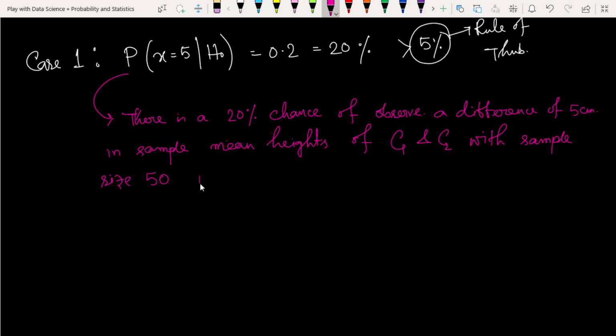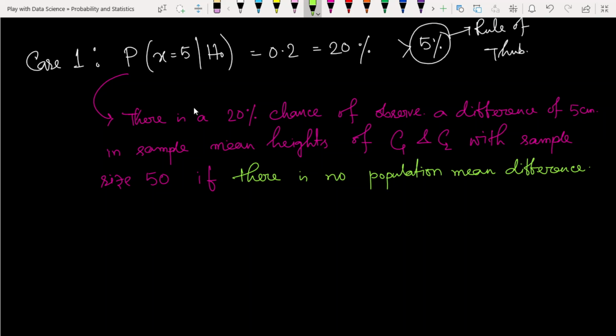If there is no population mean difference, that's the actual literal meaning of this case.